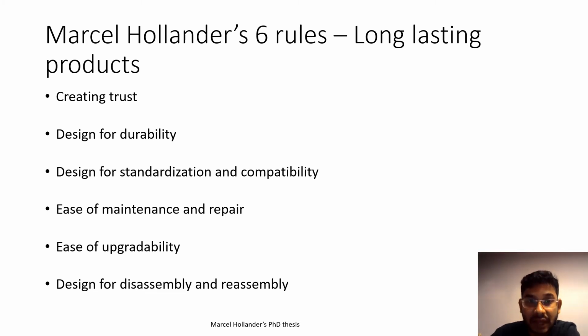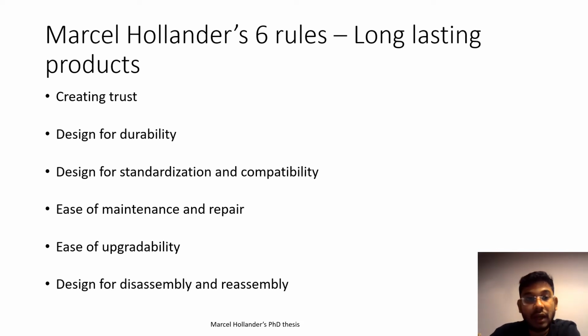And try to design for standardization and compatibility. Whenever you have standardized parts in a product which could be easily replaced in the case of an upgrade or a repair, it makes life easier. And try to make the maintenance and repair part as easy as you can when you are designing. Do not make dismantling so difficult that you cannot easily repair.